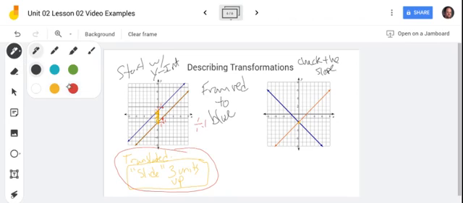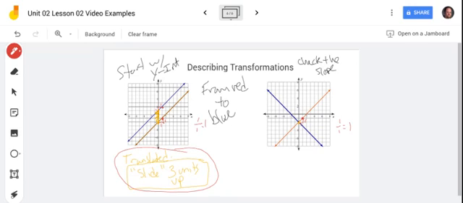So I'm going to check the slope now. I'm going to do the red line first because that's the line I'm starting with. So I'll need to find, okay, there's another dot. Just like before, this is a 1 to 1 ratio. So my red slope is 1 over 1, so it's a positive 1.